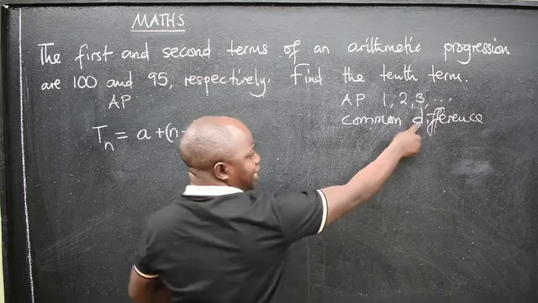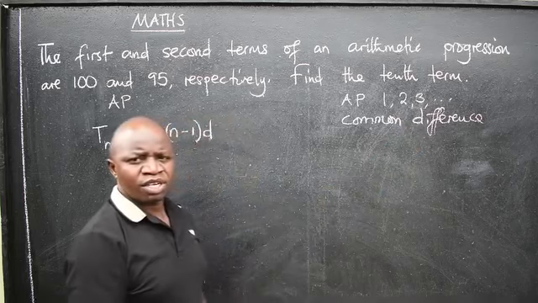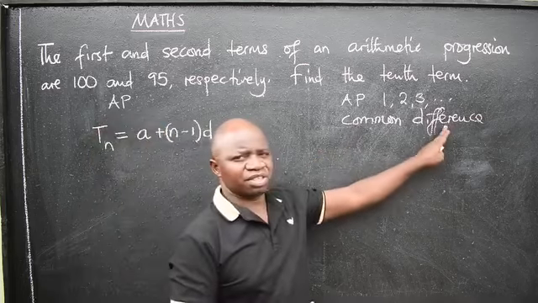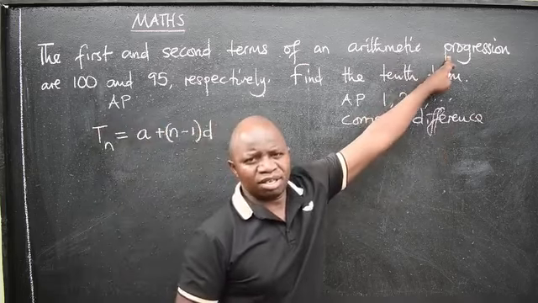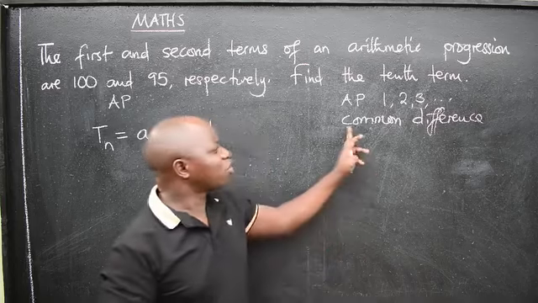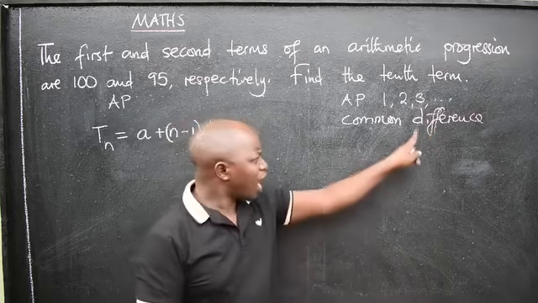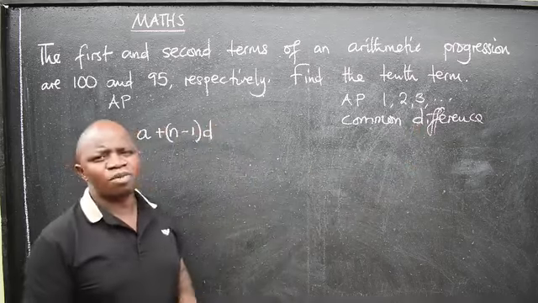Common difference, d. So, any sequence with common difference is an AP. But a sequence without common difference is not an AP. How do you find common difference?